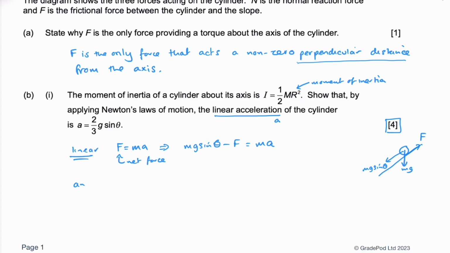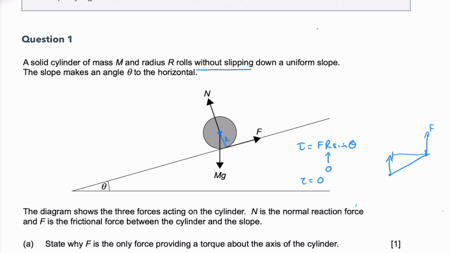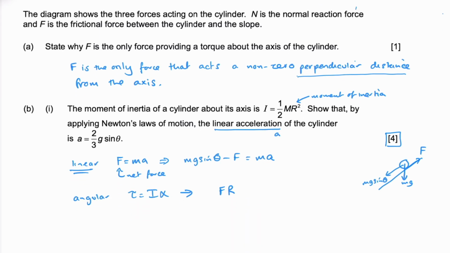Then we use our angular equation using Newton's second law, and that is torque equals I alpha, where alpha is the angular acceleration. Let's expand on that a little bit. We know that torque is equal to Fr. Does that work? Let's go to the diagram. F is the force, r is the distance from it. Yep, so torque is equal to Fr.